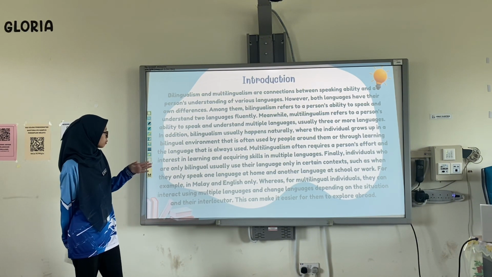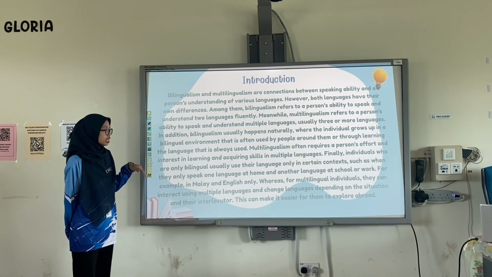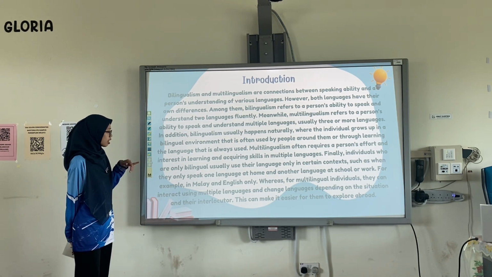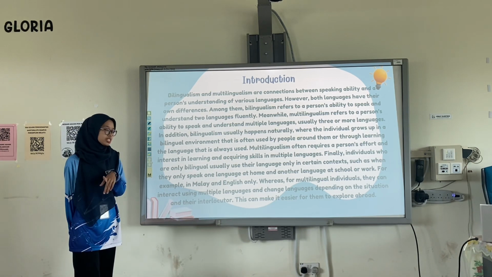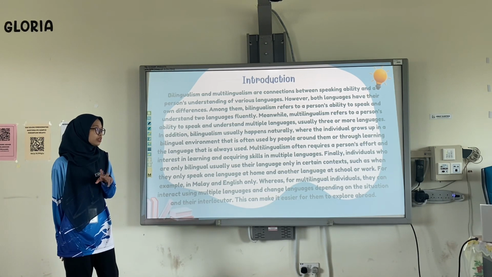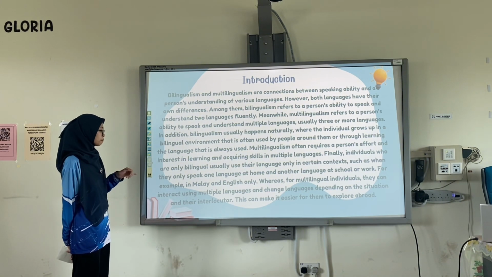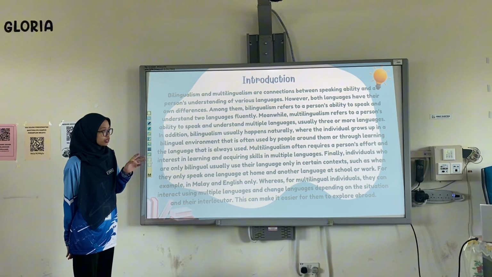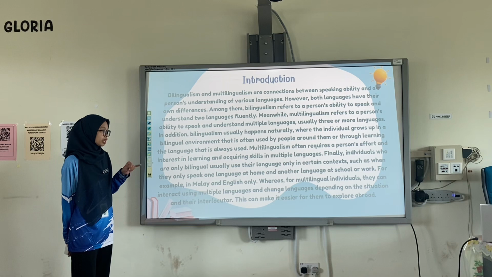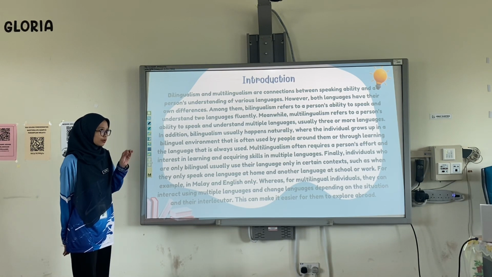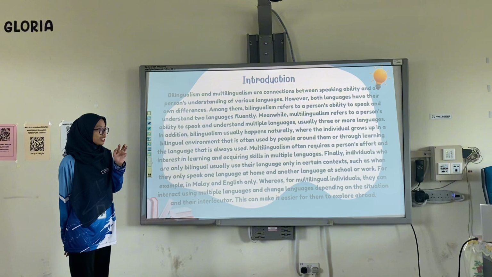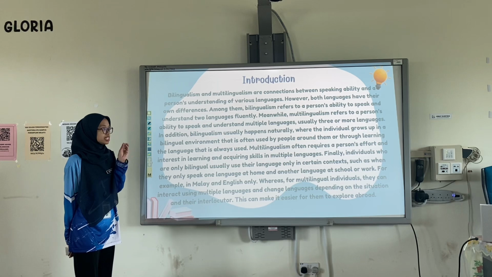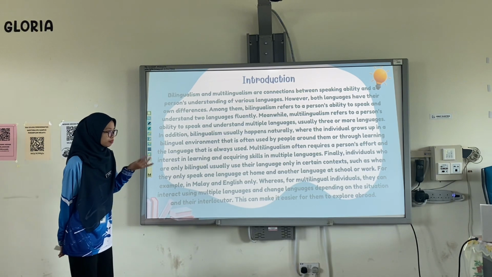Finally, individuals who are only bilingual usually use their language only in certain contexts, such as speaking one language at home and another at school or work. For example, in Malay and English only. Whereas multilingual individuals can interact using multiple languages and change language depending on the situation and their interlocutor. This can make it easy for them to explore abroad.